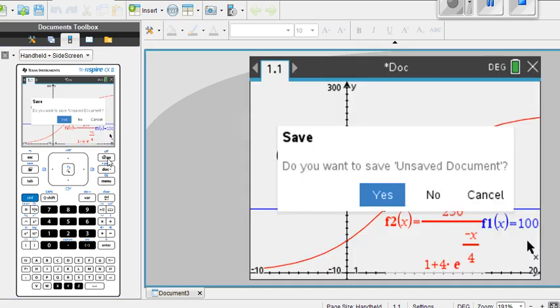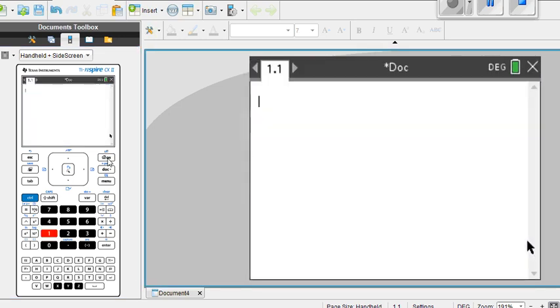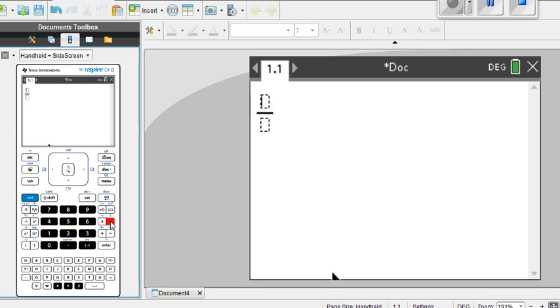I'm going to open up a new document. This time I actually want to do some calculating. I've got this nice fraction where I have the 19.875 number in the numerator.